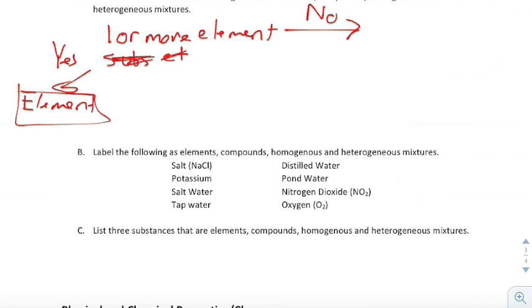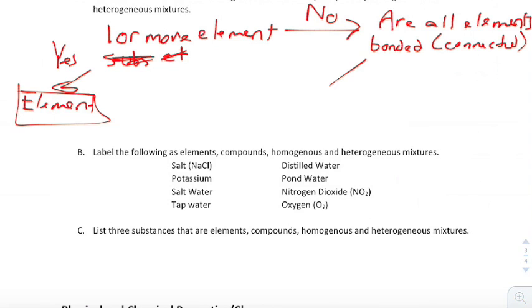If no, then you have to ask yourself another question. You have to say, are all elements bonded, which means connected? If the answer is yes, then what you have is a compound. If the answer is no, you have to ask yourself one more question.